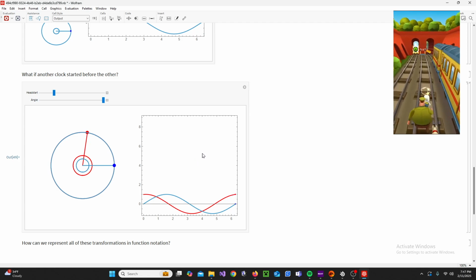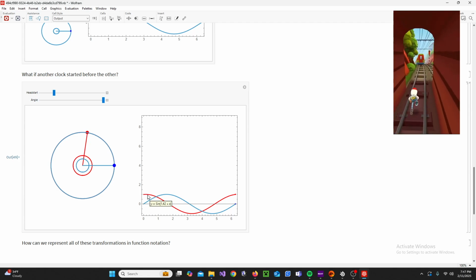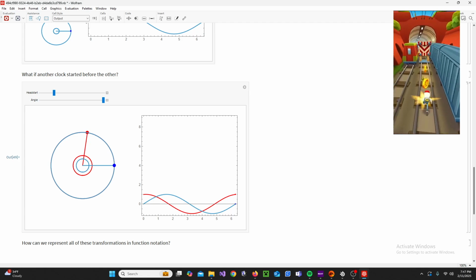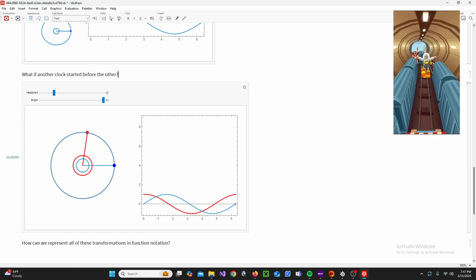So what really happened here, it's like I took all of these points and just shifted them. I just pushed them over, right?